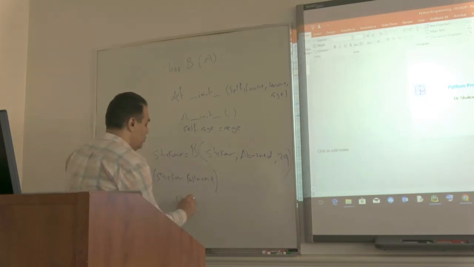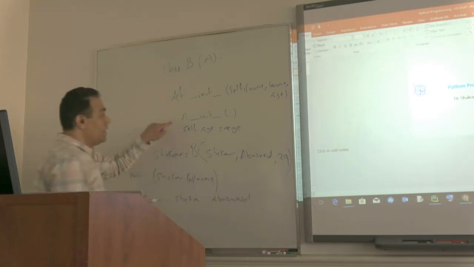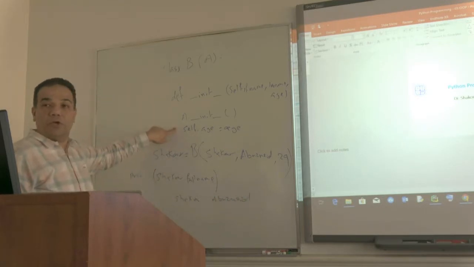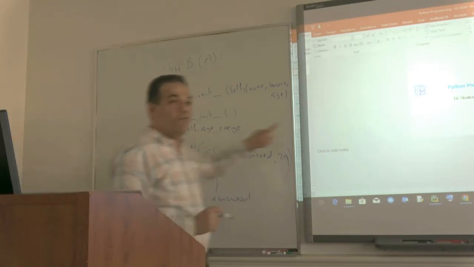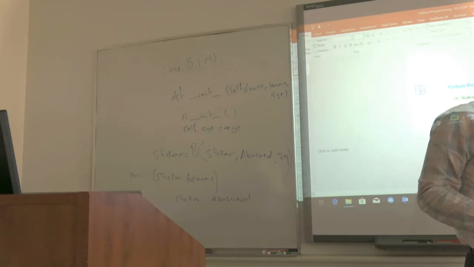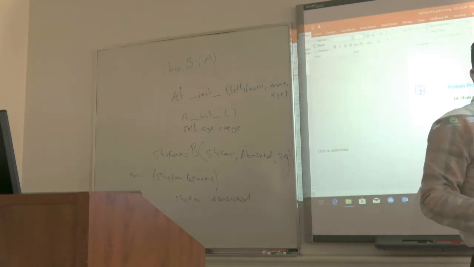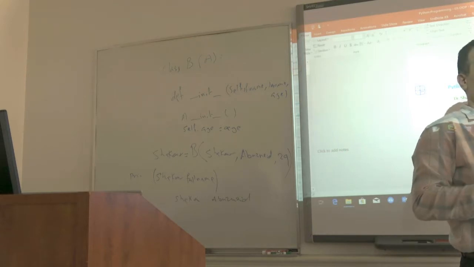Shakur Abuznaid. Do I have a full name method in here? No, I don't. Where is it coming from? From there. Alright? So that's what we do. We create classes, multiple classes. That's how it's object-oriented programming.